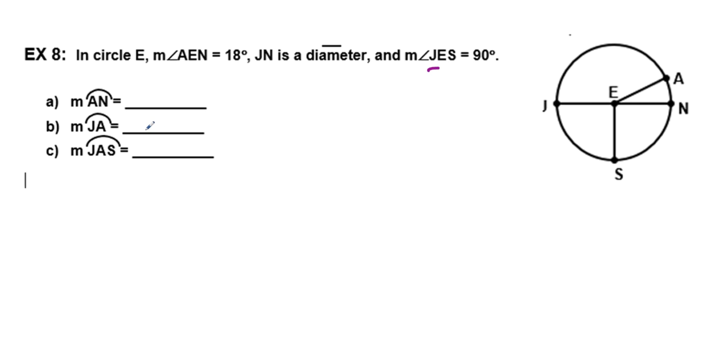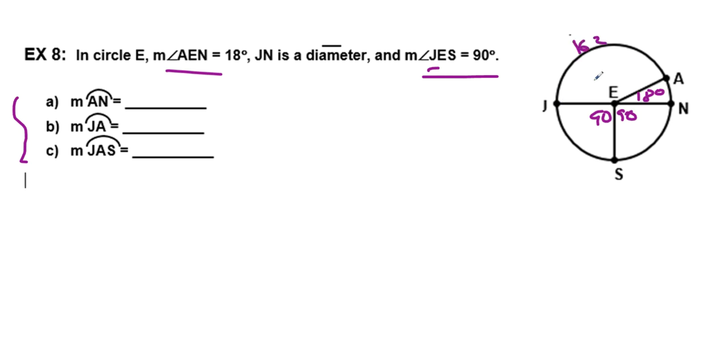So when I give you problems like this, what you want to do is fill out the circle first and then ignore this stuff over here. Ignore it for now. So this is going to be 18 degrees here. And JES is 90. Well, if that's 90 and this is a diameter, and that's a radius, this has to be, of course, supplementary. 90 and 90. So these are both right angles. So if this is 18 and this is 180, you're going to subtract that and you're going to get 162.